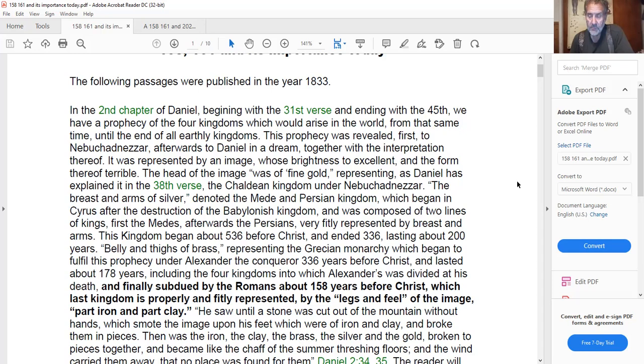Now, we know the arms represent Medo-Persia, which is a two-horned kingdom, right? It's two powers. But there are other explanations for Rome in its two phases. I've seen this in some old commentators.